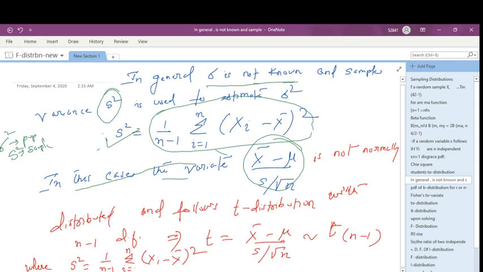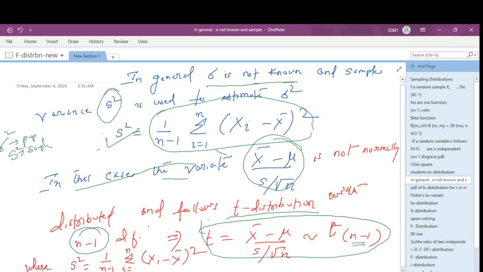The t variate is equal to x bar minus mu divided by s divided by square root of n, and it resembles a t distribution with n minus 1 degrees of freedom, where s square is equal to 1 by n minus 1 times the summation i equals 1 to n of xi minus x bar whole square, right?